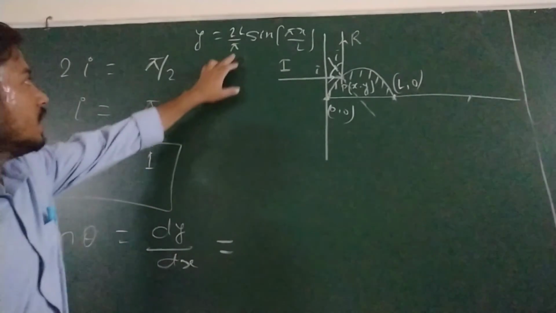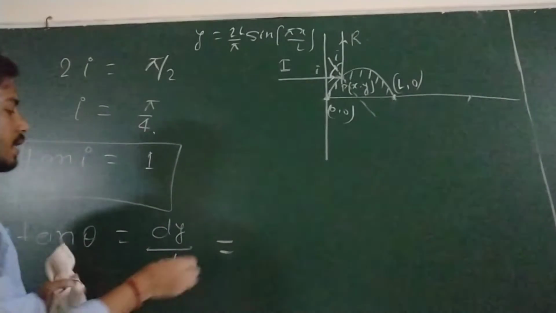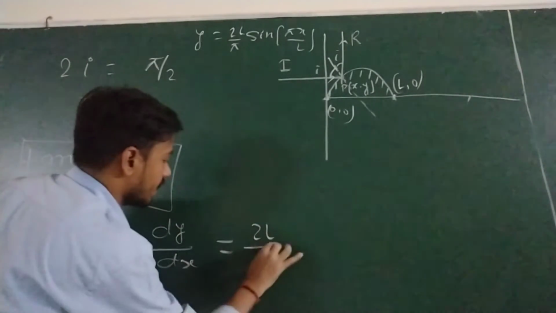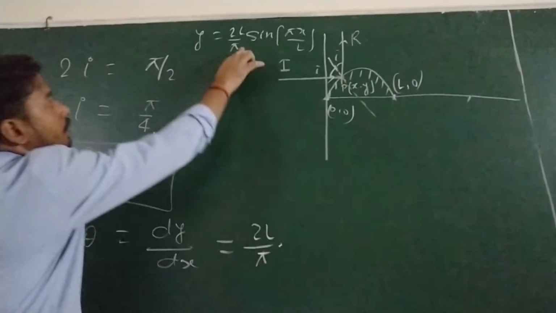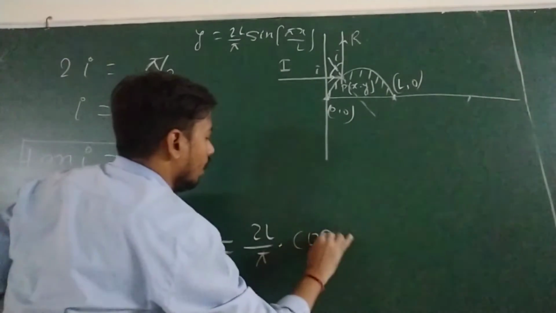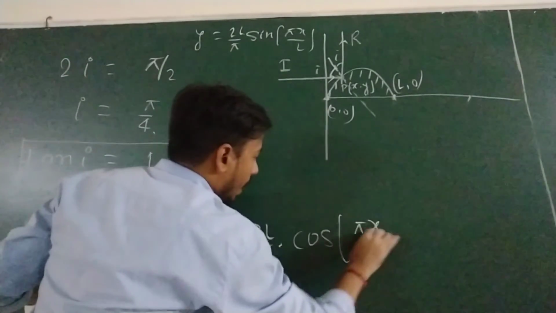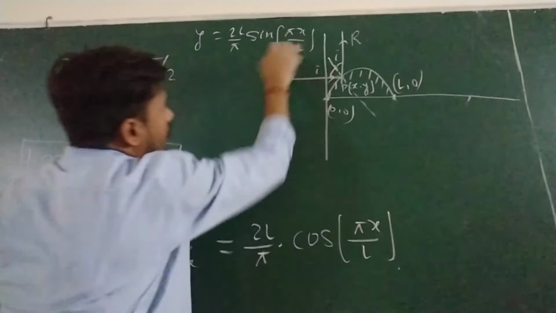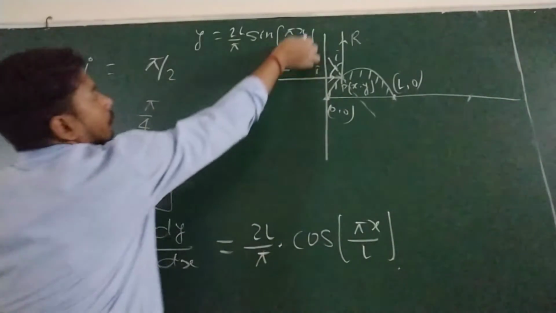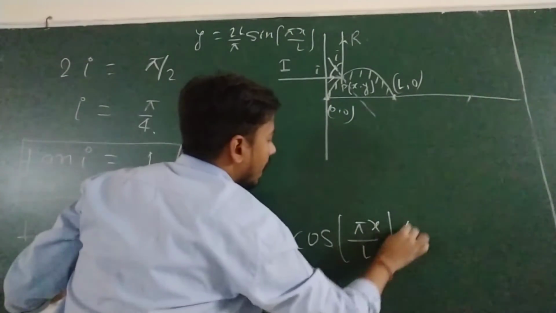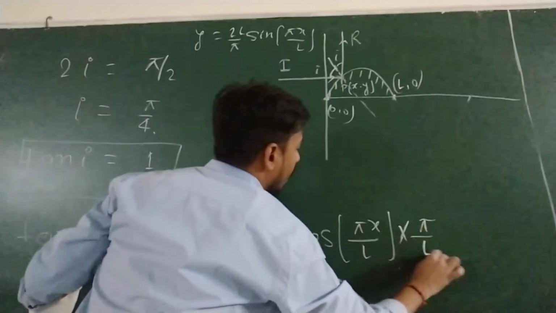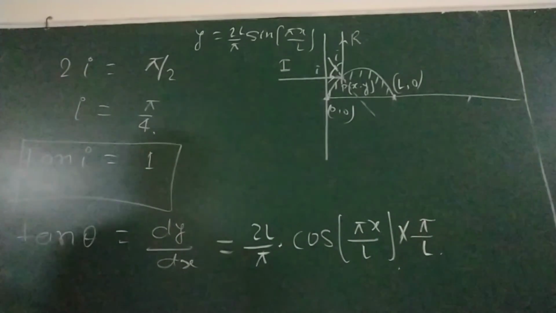If you differentiate, this is the constant term, as it is. Yes or no? Yes. And the differentiation of sine is cos, cos pi x by L. What is the constant term here? The coefficient of the variable, pi by L. So multiply the whole term by pi by L. Okay.